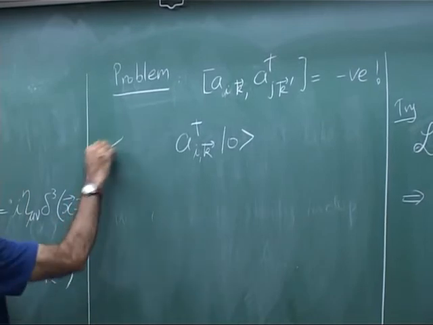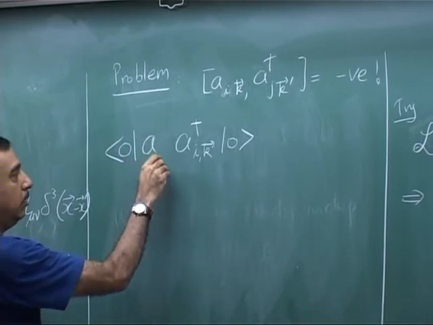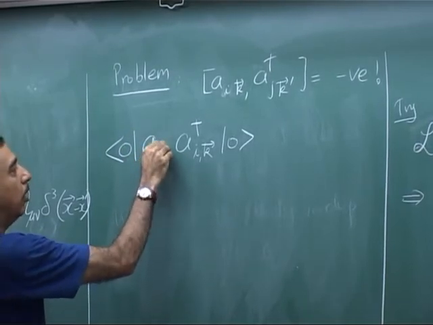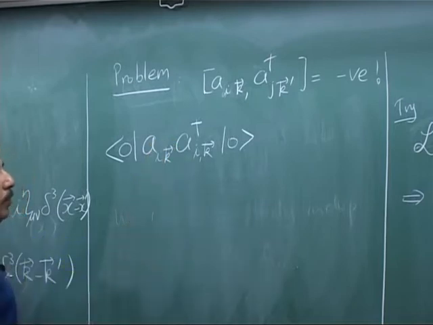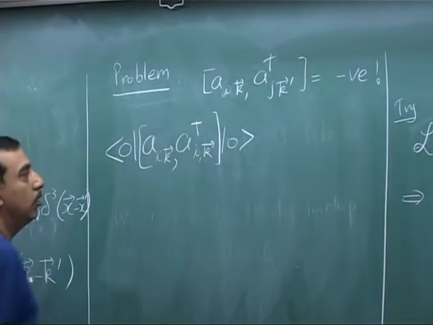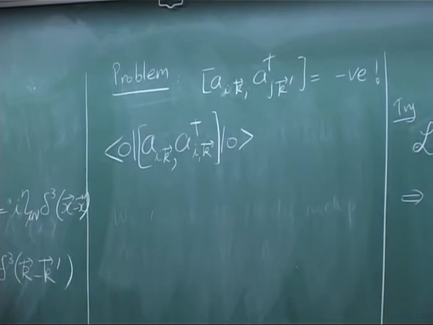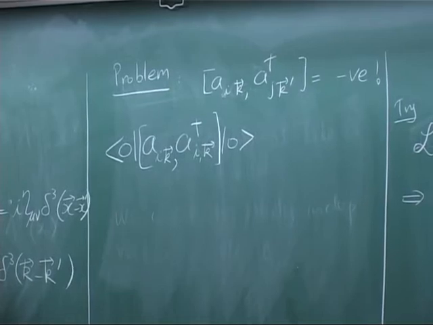To calculate the norm, we put the same thing on the other side, A i k, and then we use the trick that this can be replaced by a commutator. And now we have a problem because the commutator, when this is i and this is i, is negative.